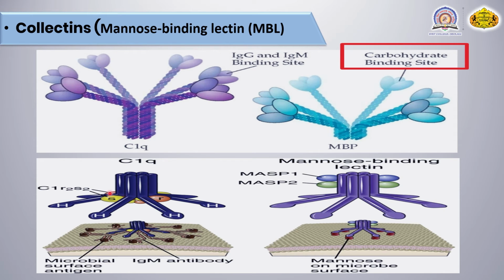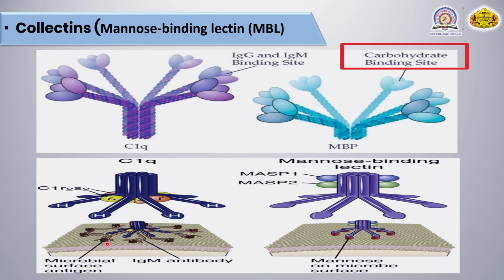So here, the microbial cell surface is present at the bottom, and here the IgM antibody is bound to it, and this dark brown color is the microbial surface antigen which contains the chemical mannose or mannan.